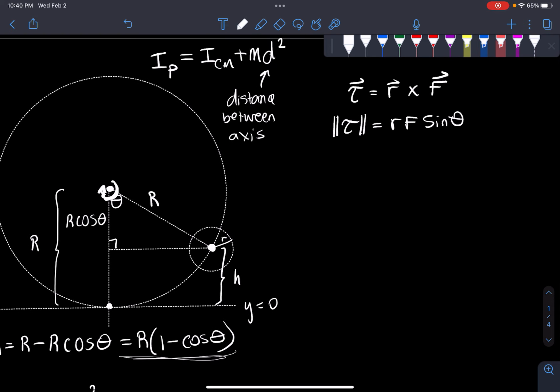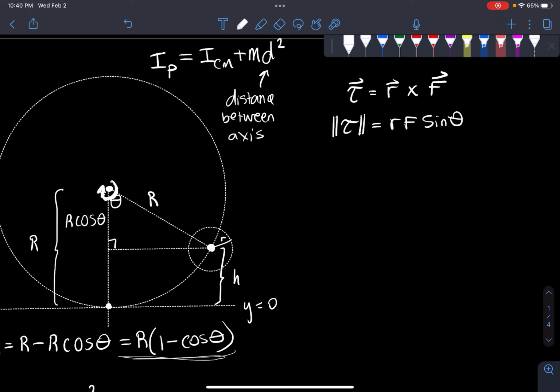So let me draw another little picture here. This is the big mass. This is the big disk. There's the axis of rotation. We have the little disk right here. I'm not going to draw it as a disk, but the center of mass is right here.